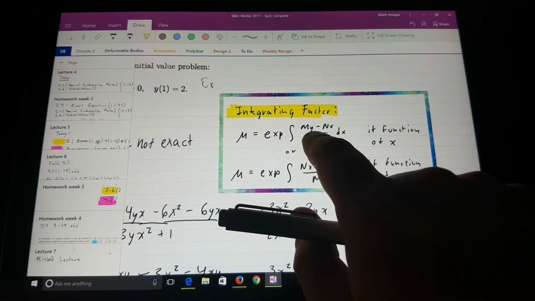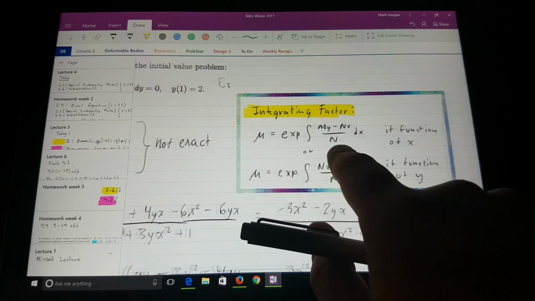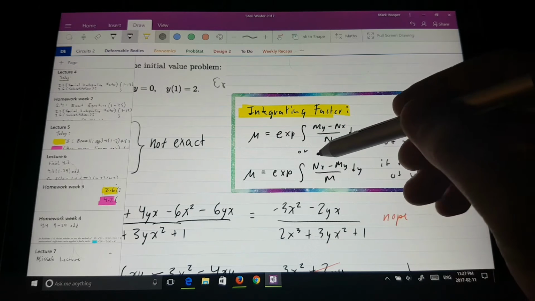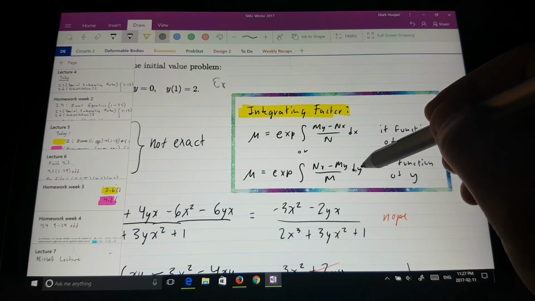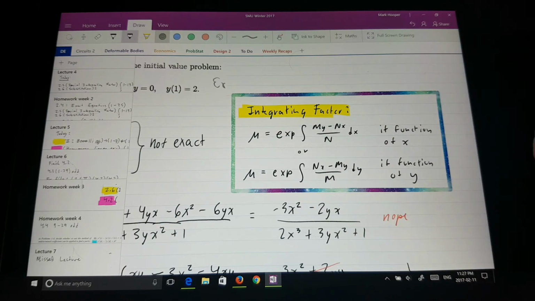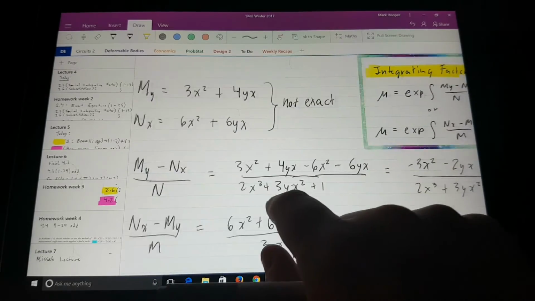So we have my, we have nx, right? And divided by n, if the function is just of x. Alternatively, we can do nx minus my over m dy, and raise e to that integral if it's a function of y. So let's just calculate these and see what they are.